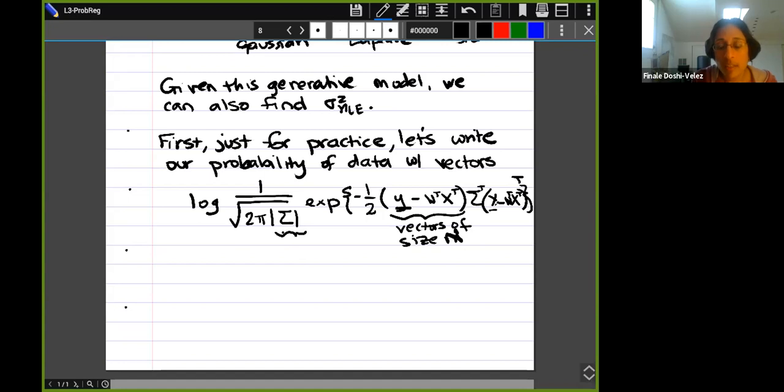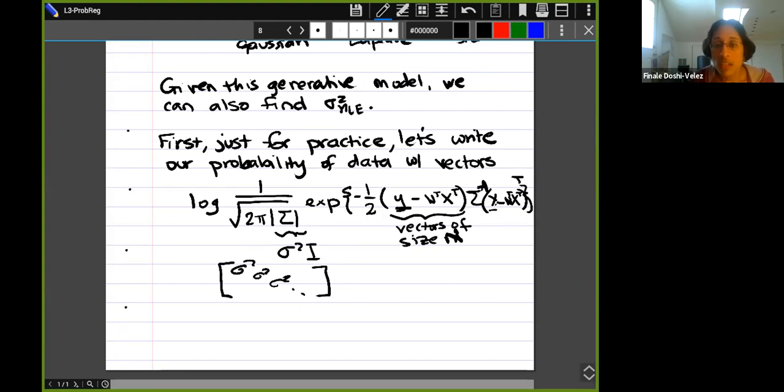And the covariance over here, so this is the expression for the PDF of a multivariate Gaussian. The covariance is going to be just the identity times sigma squared. So it's going to be this matrix of sigma squared, sigma squared, sigma squared along the diagonal. And this is an inverse, sorry, just to be very clear. When you take sigma squared inverse, that's going to give you a bunch of 1 over sigma squared, because for a diagonal matrix, when you take the inverse, that's just 1 over each term on the diagonal.